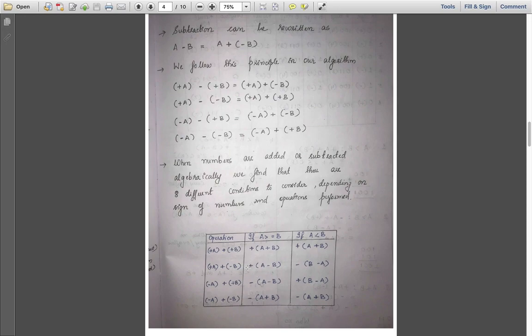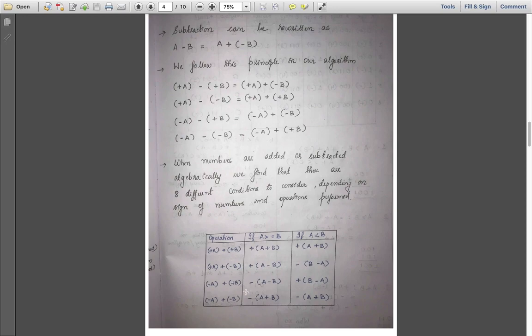The sign of the larger magnitude will be given to the result, the basic principle which we have studied in maths. Similarly, if A is less than B, then the answer will be negative, because here B is negative and B is greater, so definitely the result will also be negative. Then you perform B minus A.